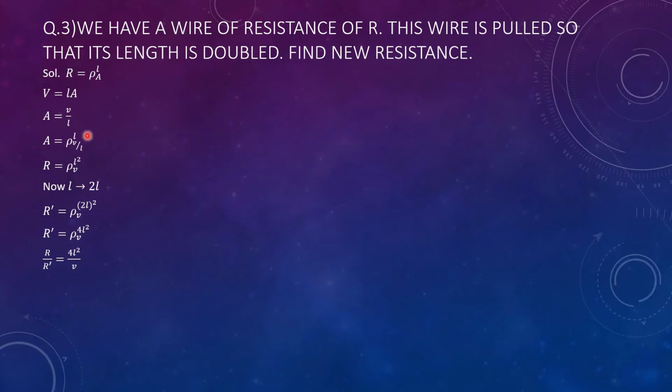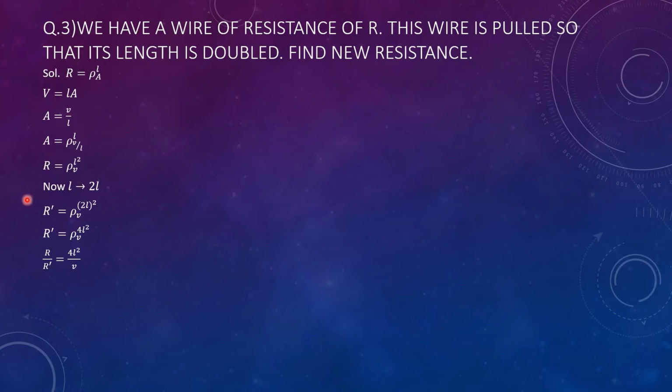Now, this equation R equal to rho L square upon V is divided by this. Left hand side will divide by left hand and right hand side will divide by right hand.